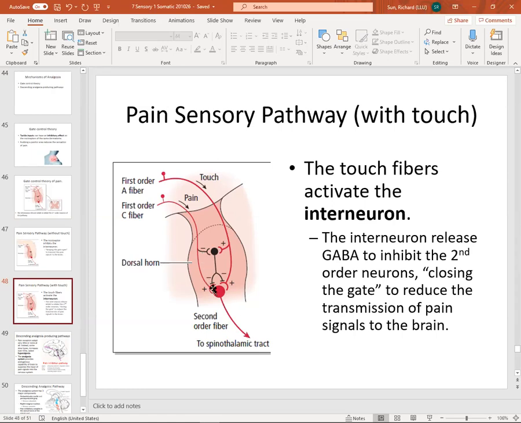So you will feel less pain. So that's basically the gate control pathway. So when you try to reduce the pain feeling in the same region, you rub it. It's not just a psychological effect, it has a physiological function, all right? So it will activate this interneuron to inhibit the pain transduction.